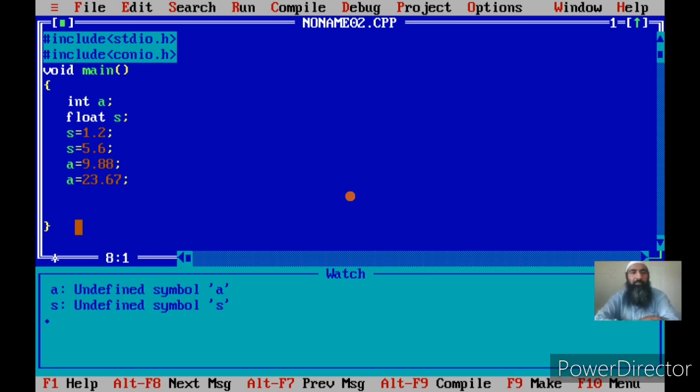So I hope this part is clear. Float variables and double variables have the capacity to hold decimal point numbers, but integer variables don't have the capability to store numbers with a decimal point.